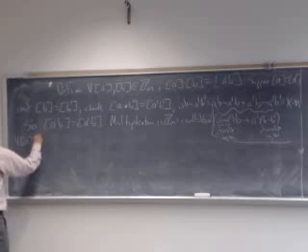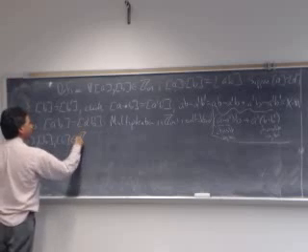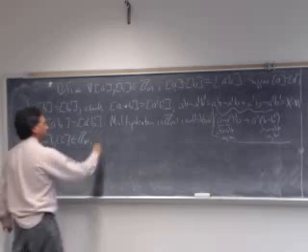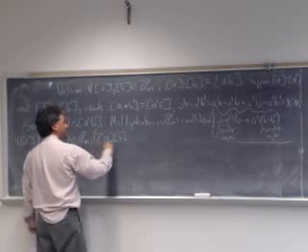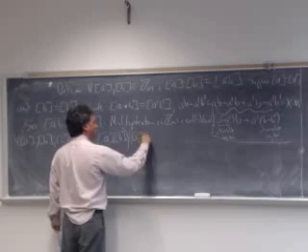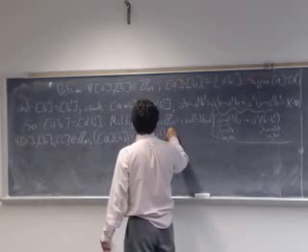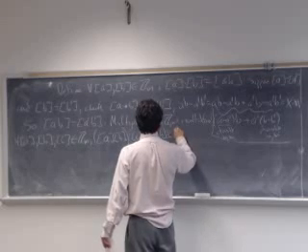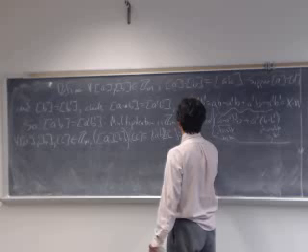If I take any three elements of Zm, and again, the elements of Zm are equivalence classes, if I looked at A, B, and the product of that with C, this would be AB, product with C. Put parentheses around AB.